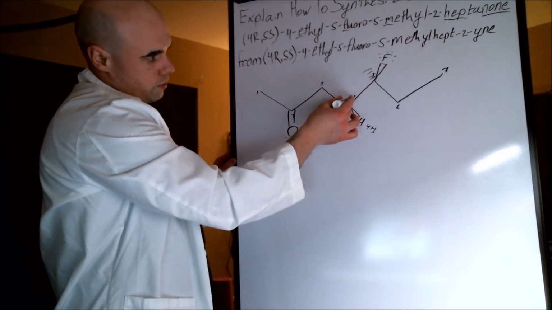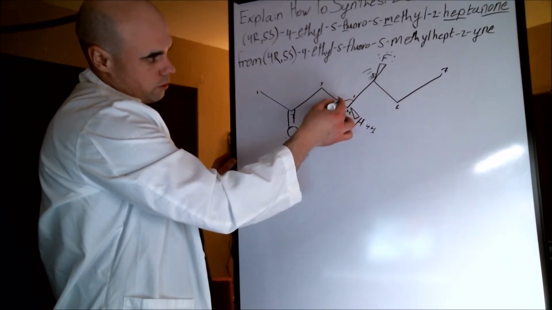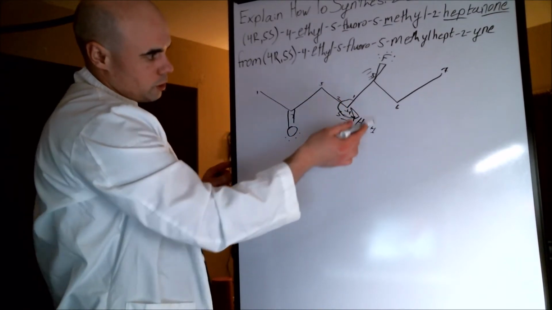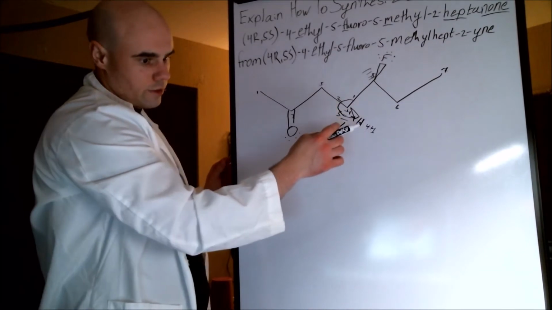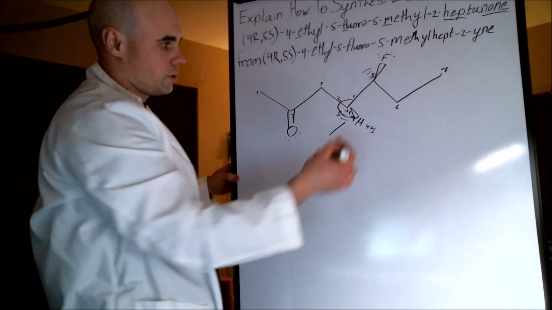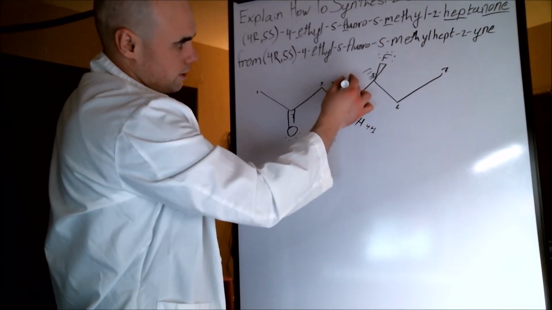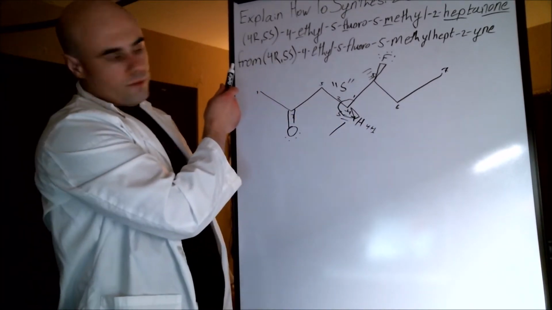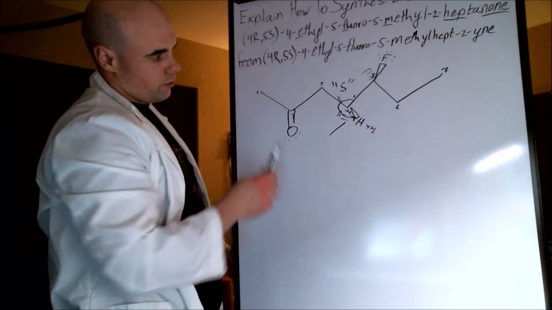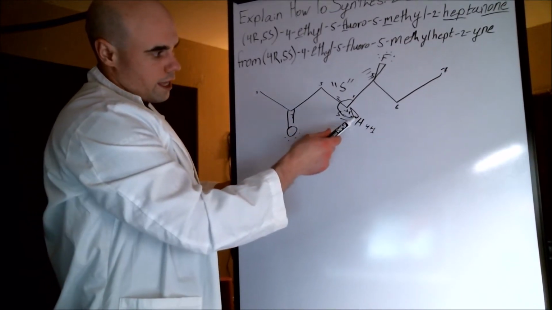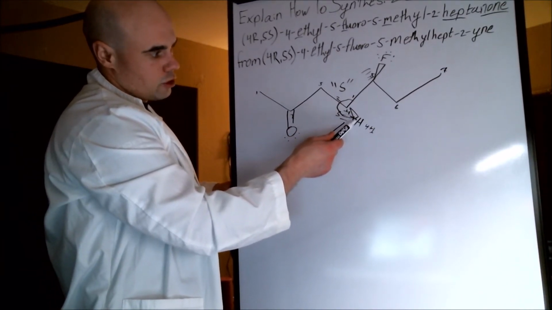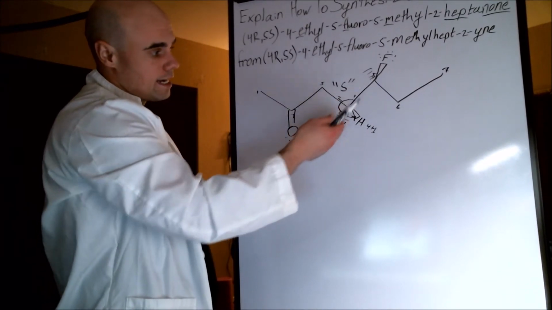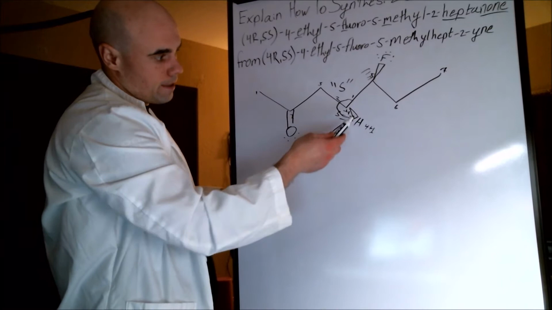And so we draw a circle going in increasing number of priorities. Boom. It's going to the left. Left is S, S for sinister. And here we have an R. But what we need to know is another rule: the lowest priority group has to be in the back, so it has to be dashed.